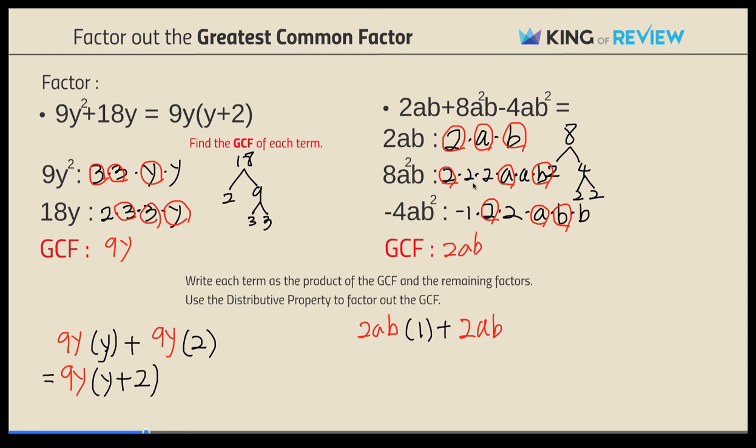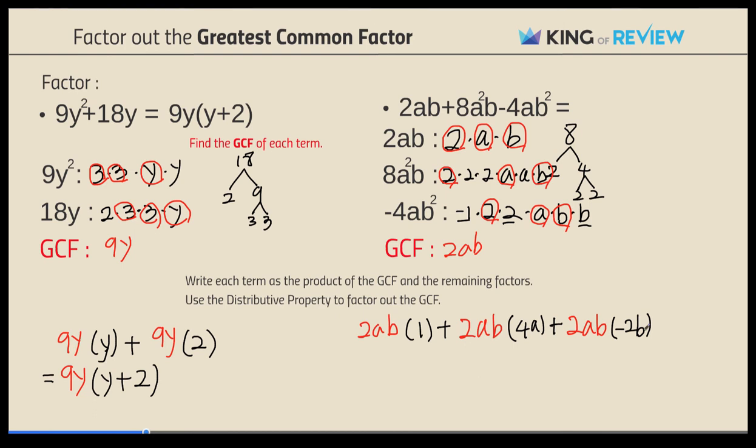The product of the remaining factors is 2 times 2 times a, that is 4a. And then write down the GCF first: 2ab times the remaining factor, negative 1 times 2 times b, that is negative 2b.